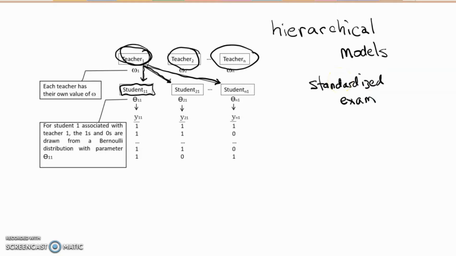And each student is going to have this parameter, theta, which we can think of as the skill at exam taking. So it quantifies their ability to do well on an exam. And the dependent variable is a binary dependent variable, which is y.